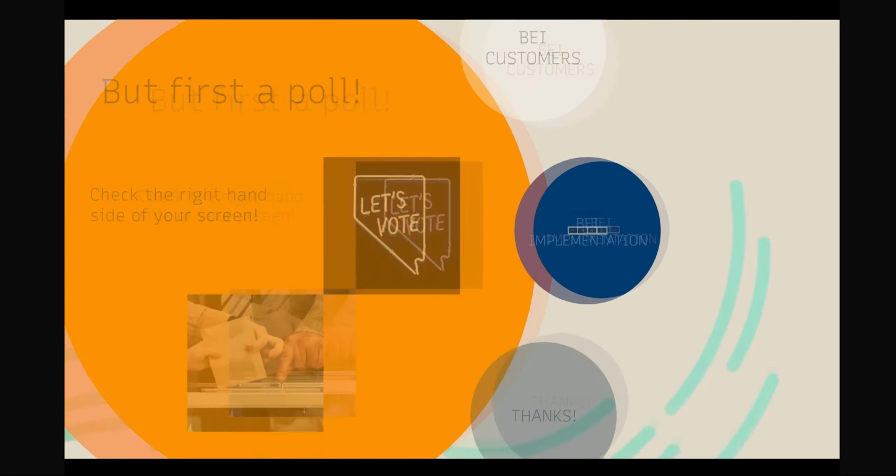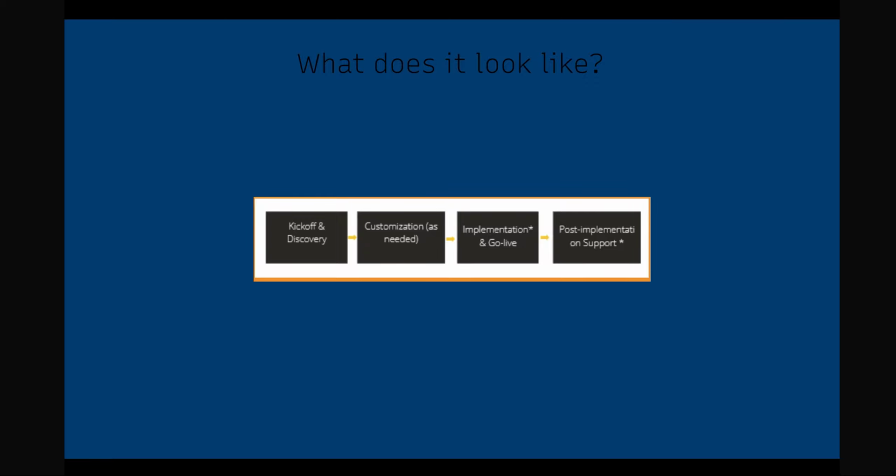Sure. So, as you can see on the screen, it is a typical implementation cycle. So, while the exact implementation process may vary based on specific suite app and your organization's requirements, the process you're seeing on the screen is a general outline of the steps involved. We begin by identifying your business needs and requirements under the kickoff and discovery session.